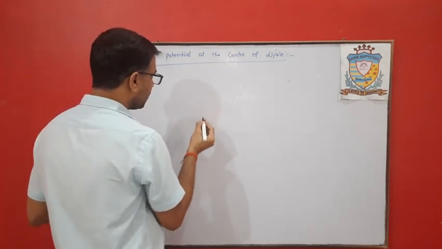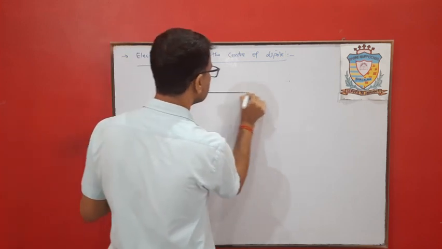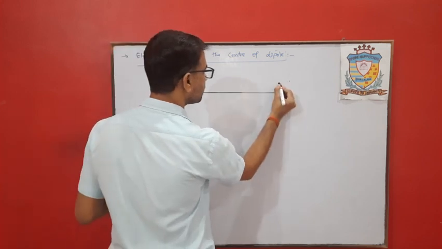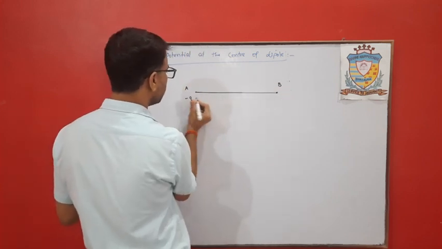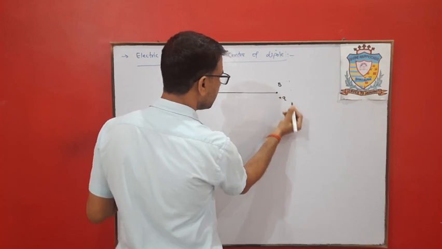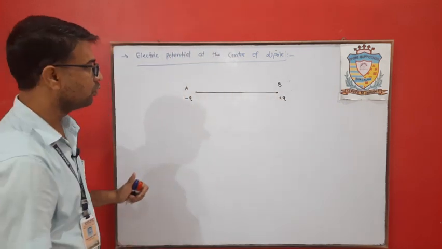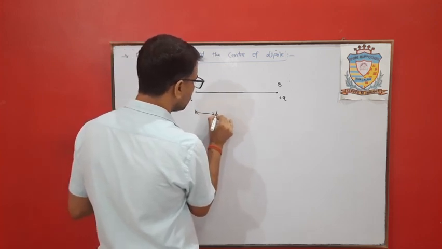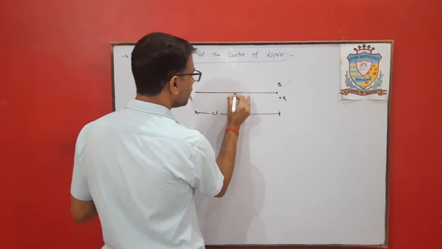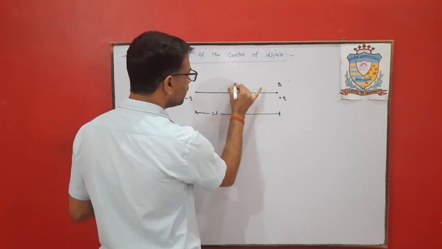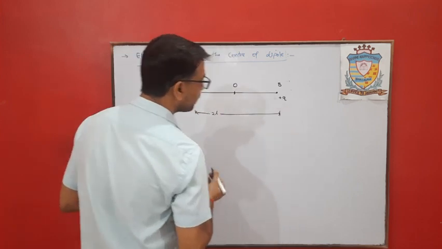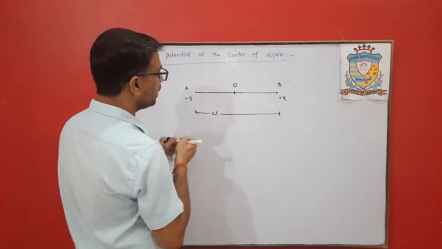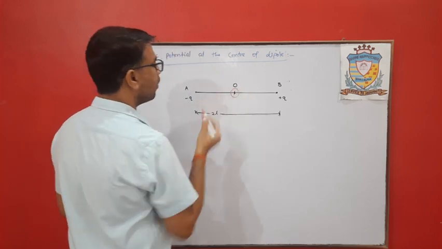Suppose we have a dipole AB. Here is the negative charge and here is the positive charge. Dipole is a combination of two equal and opposite charges of length 2L. Let O be the center of the dipole. Clear? So we have to calculate the electric potential at this point O.